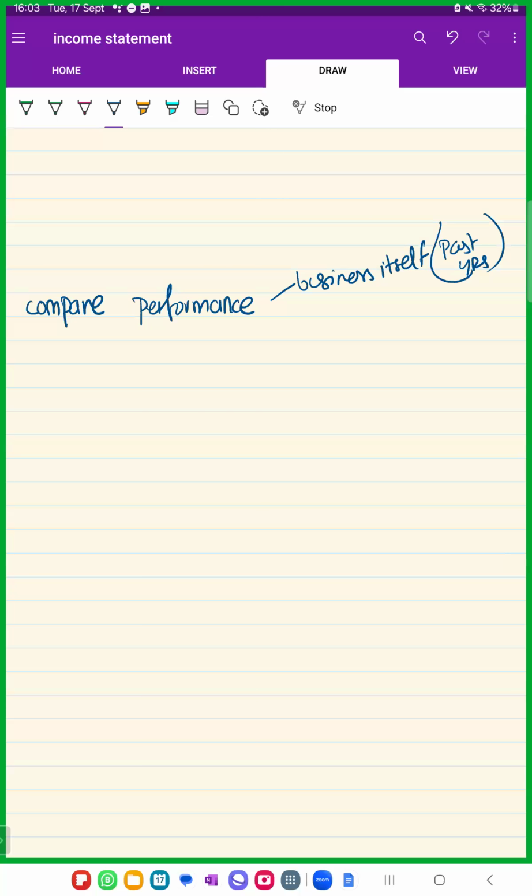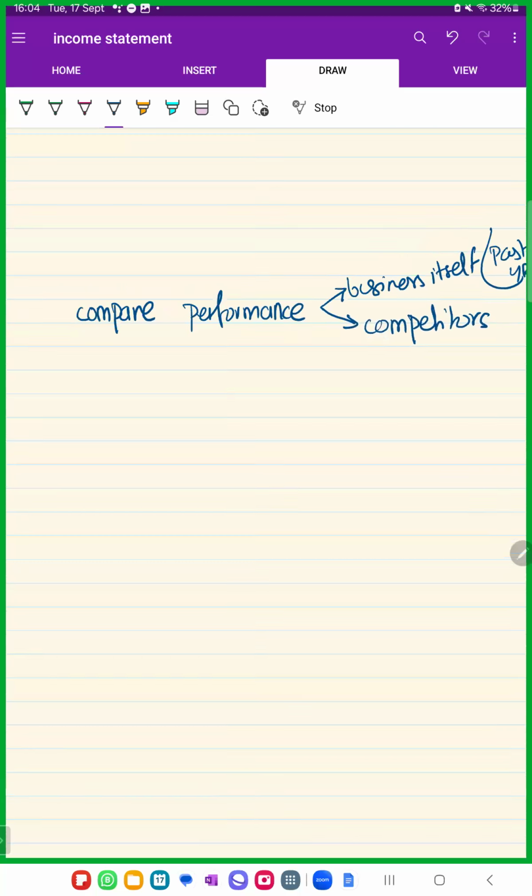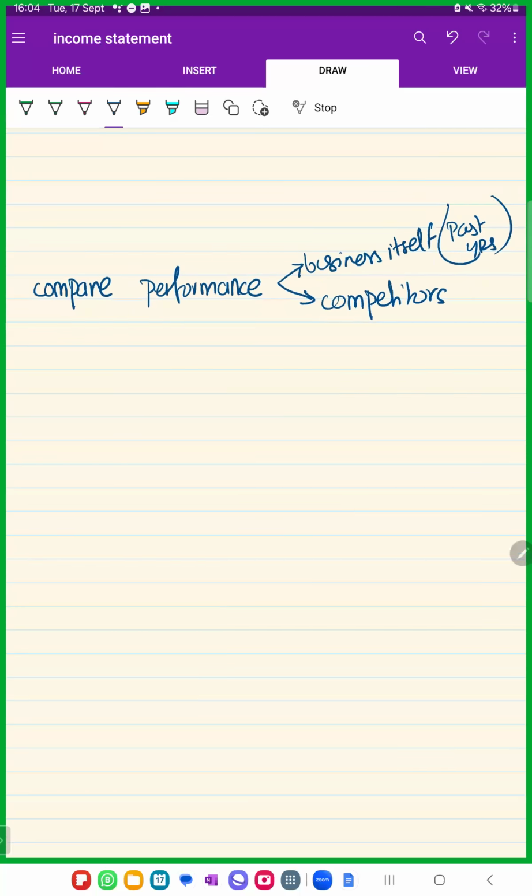We're just comparing with ourselves. Last year I was 35 kg. This year I am 38 kg. I gained weight. Yay, right? So you're comparing with yourself, but you can also compare yourself with the competition. How efficient is the competition? How efficient have you been?